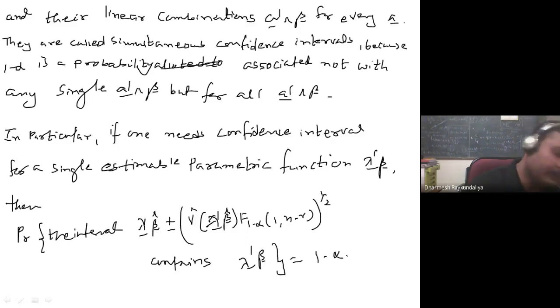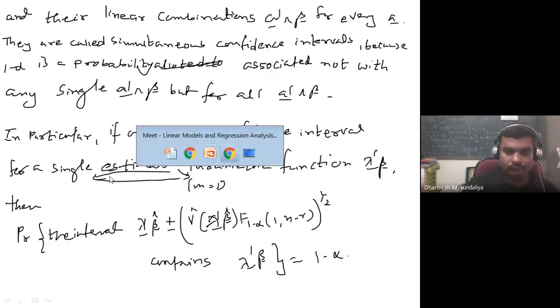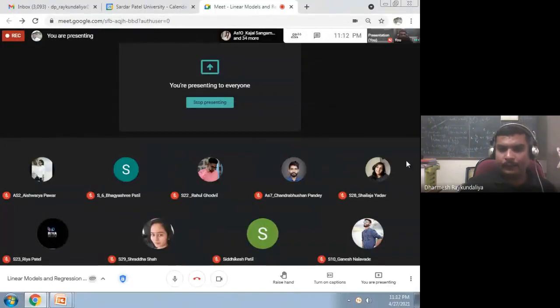So this is a confidence interval for one parametric function. Why? Because it is a single estimable function, which means we are substituting m equal to 1. Okay. Any questions? Anyone up to this?